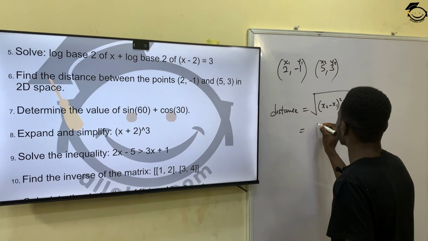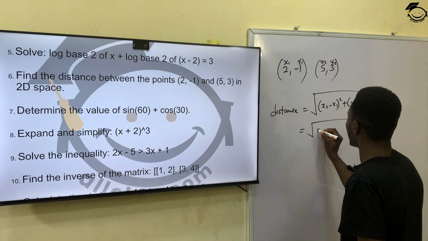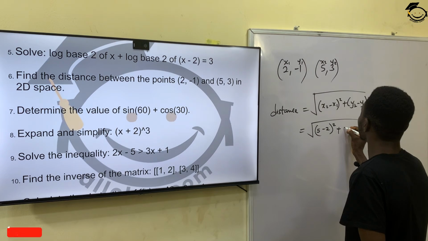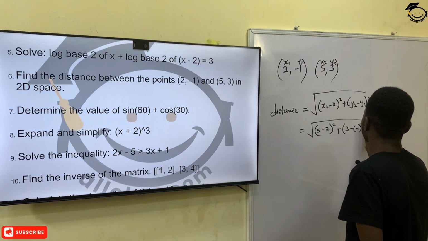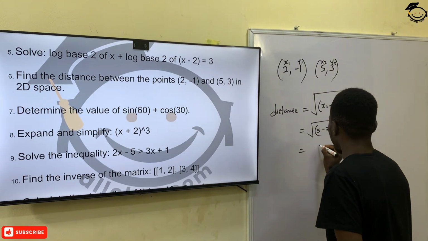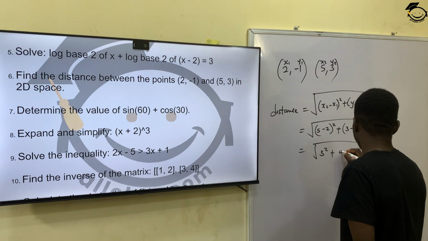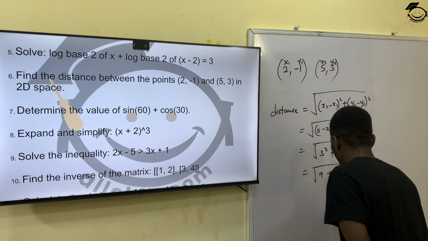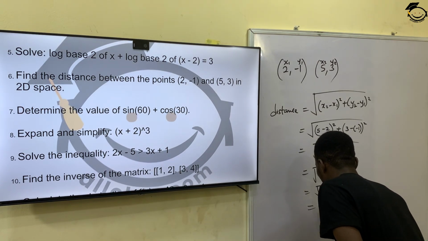So this means that I have square root of, my x2 here is 5, minus 2 squared, plus my y2 is 3 minus minus 1 squared. So this means I have square root of 3 squared plus 4 squared. So that will give me square root of 9 plus 16, which will give me square root of 25, and that will give me 5.